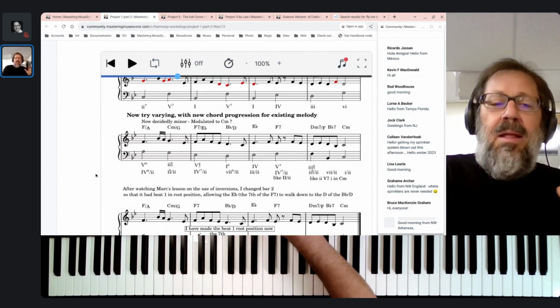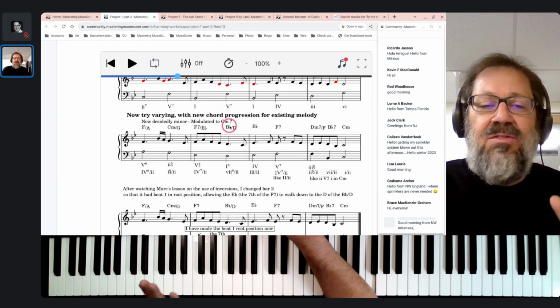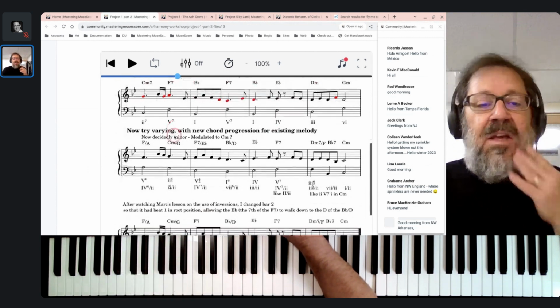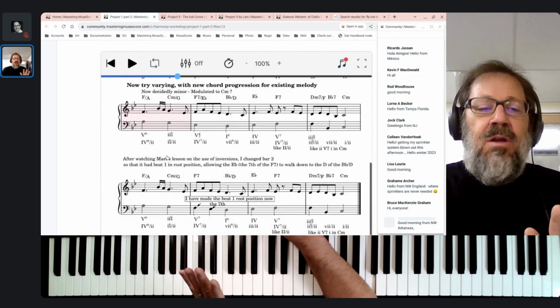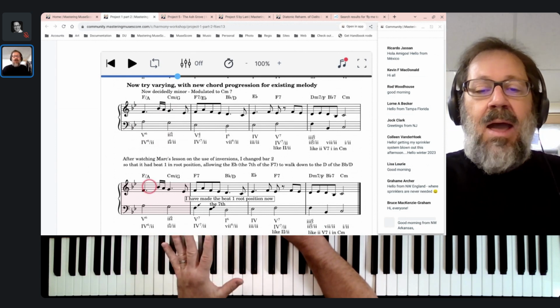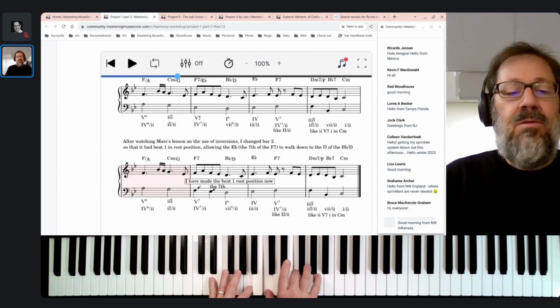So these are all like different chords now, right? I'm not sure exactly where all these chords came from. I think he's just trying some new chords entirely. But I want to talk about the use of inversions here and then compare it to his other versions where he changed some stuff around now to use different inversions.